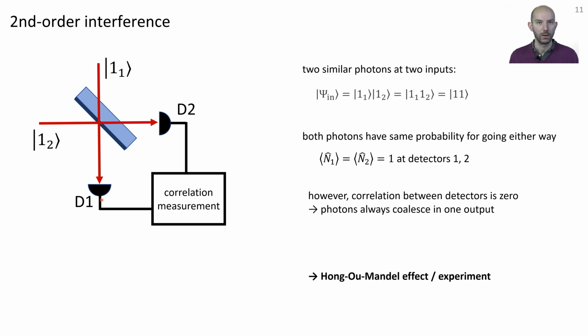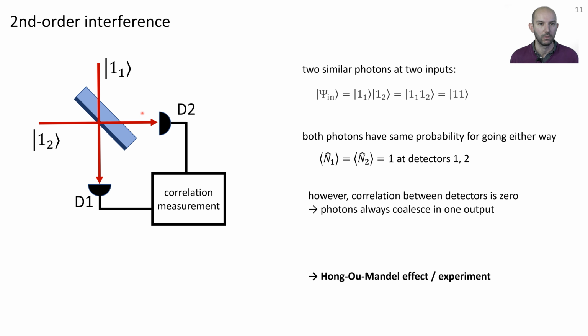But we will find that there is never a correlation between detector 1 and detector 2, meaning that there is never the case that both photons are nicely split and one of them goes to detector 1 and the other to detector 2. This is called the Hong-Ou-Mandel effect or the Hong-Ou-Mandel experiment, which found that in these particular experiments, the two photons always coalesce in one of the outputs. And the reason for this is exactly this path interference that we discussed before in the interferometer.